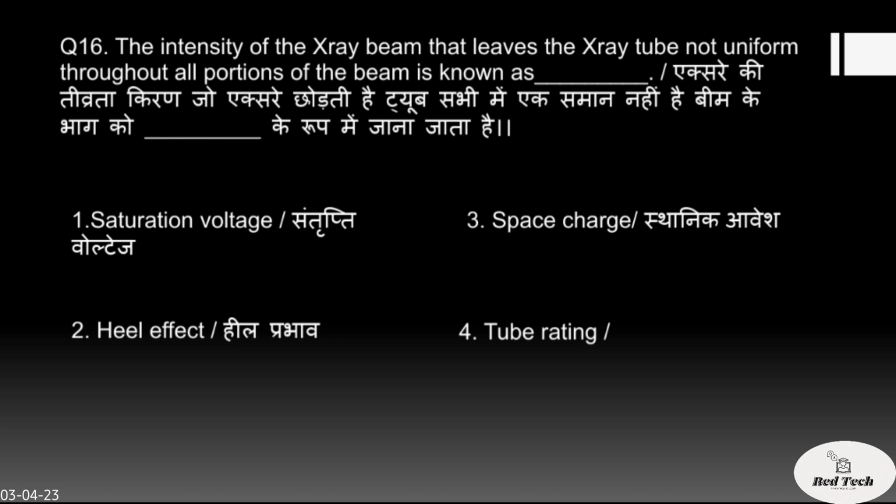In the Heel effect, the beam is not uniform in a particular portion. On the cathode side the intensity of the X-ray beam is higher than on the anode side. Watch the first year model test paper for a detailed video. So the right answer is option number 2, the Heel effect.